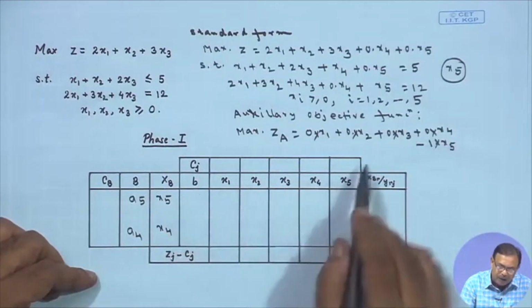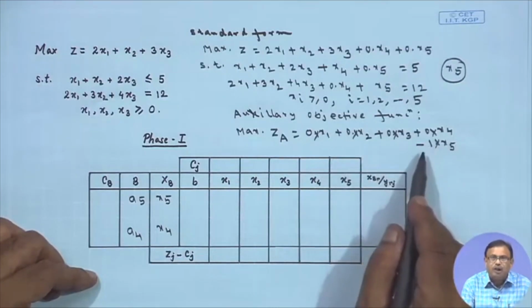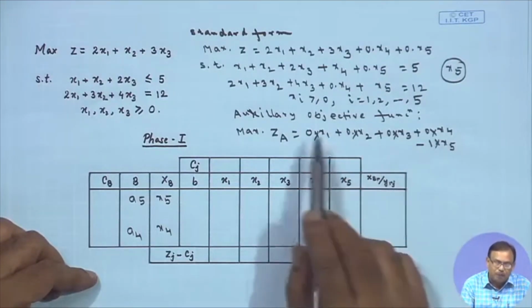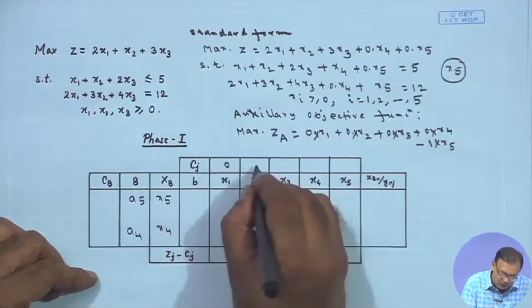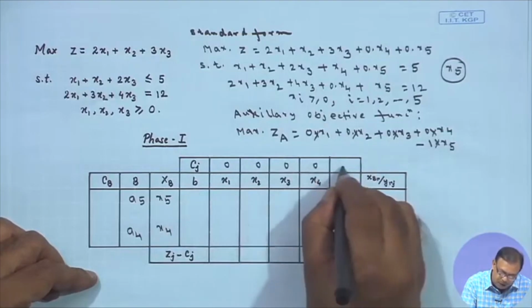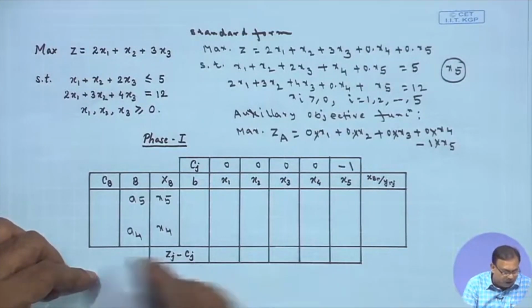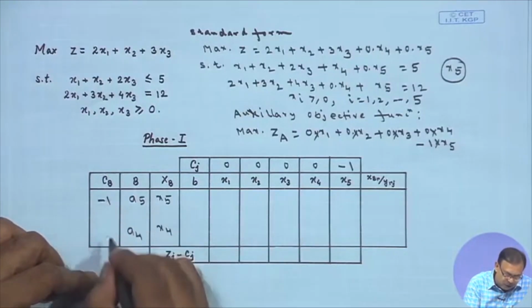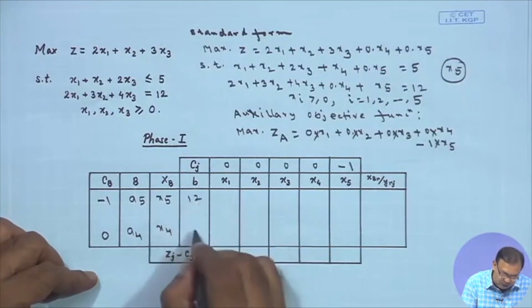The value of Cj is not the original one, but for the new objective function. New objective means auxiliary objective function. So, it will be 0 for all variables and minus 1 only for the artificial variable. So, Cb here is minus 1 and 0, your b value is 12 and 5.